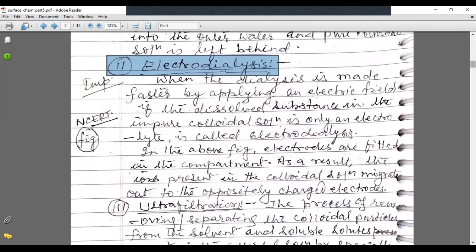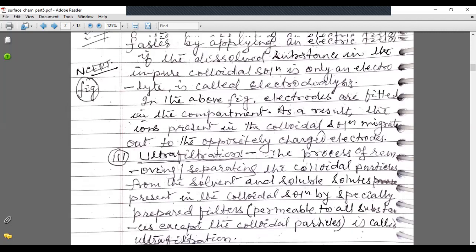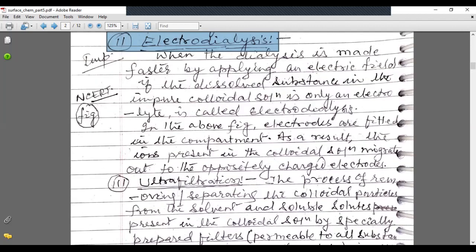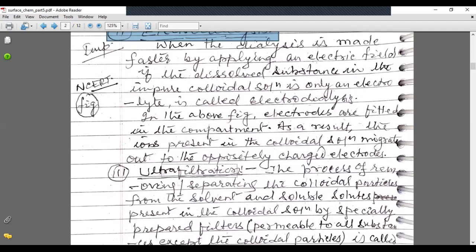Or when the dialysis is made faster by applying an electric field, if the dissolved substance in the impure colloidal solution is only an electrolyte, then it is called electrodialysis. So in the above figure, the only change we have to do is that electrodes are to be shown in the same diagram.